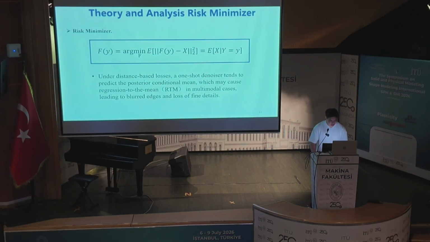This is optimal when the posterior has a single dominant solution, but in point cloud denoising, the posterior can be multimodal, especially near edges, thin structures, and ambiguous regions. In that case, the conditional mean lands between different plausible surfaces, producing blurred geometry and loss of details. This is the regression to the mean effect.